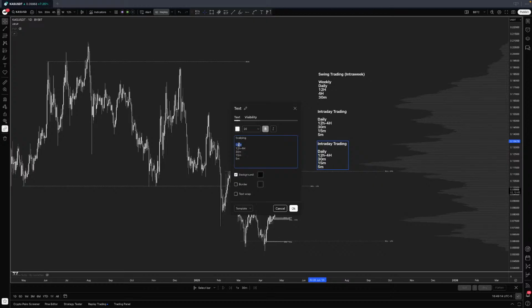So for scalping, you just delete the daily. You can use something like the 12-hour and 4-hour for the overall trend. Try to find setups on the 30-minute and zones on the 15-minute as well. Then you can go to the 5-minute chart to confirm such scenarios, and then trade from the 1-minute, or second charts, or tick charts.